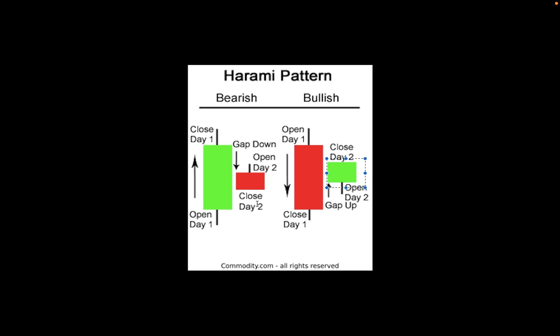The pattern indicates the trend is over or the momentum has become slow. Do you understand my point?